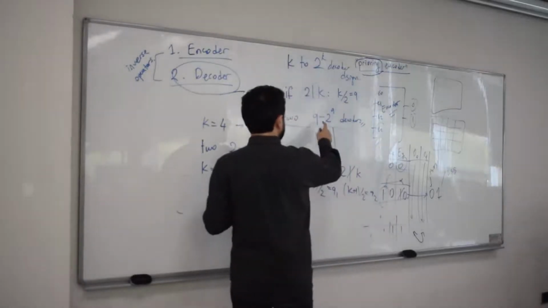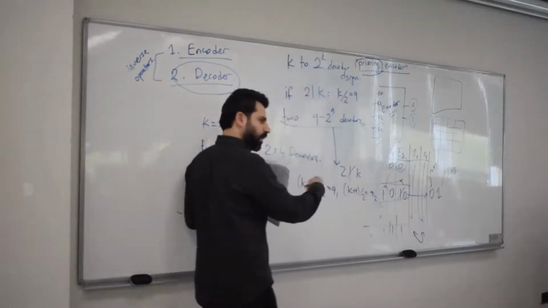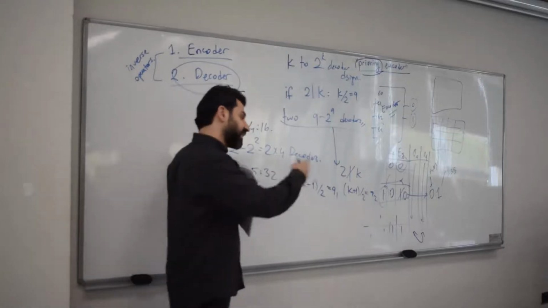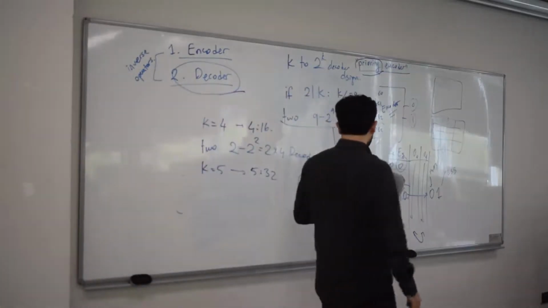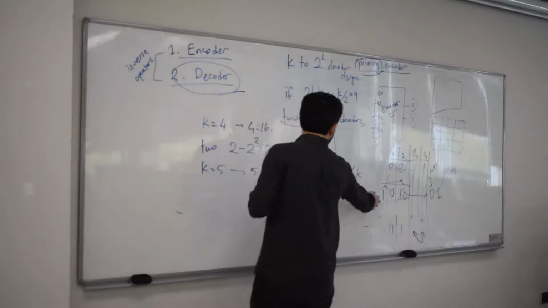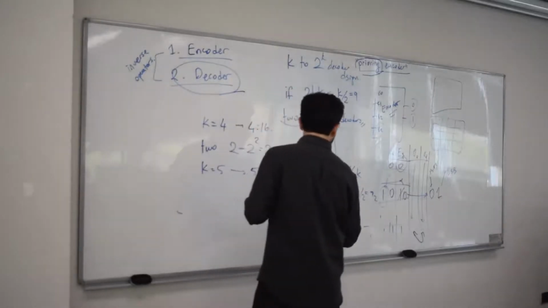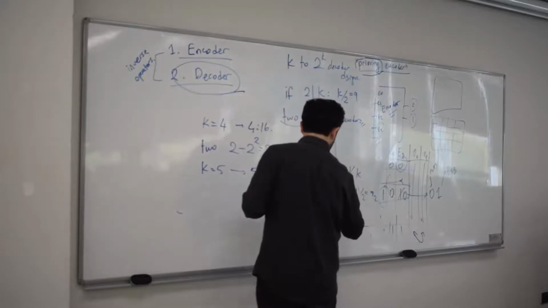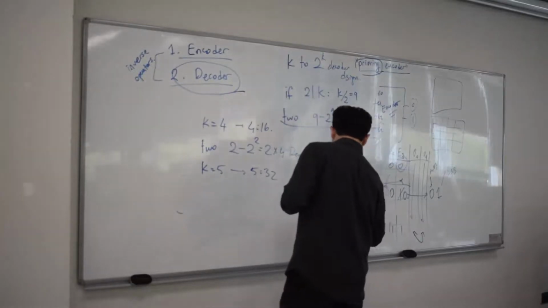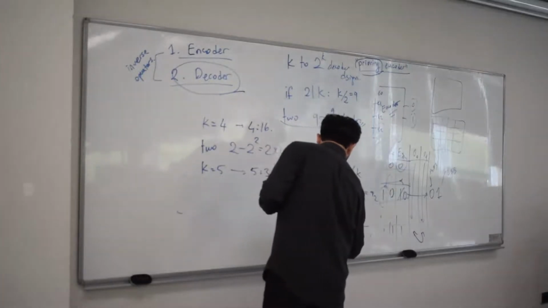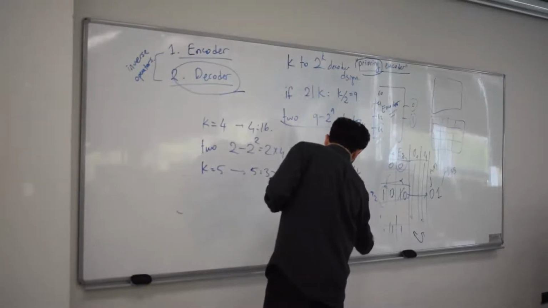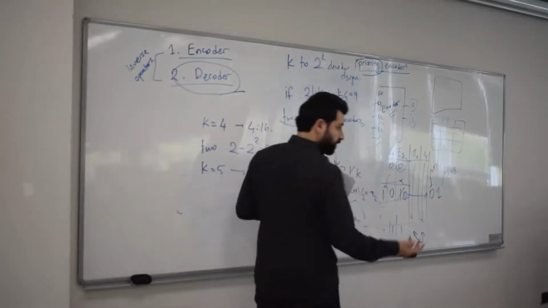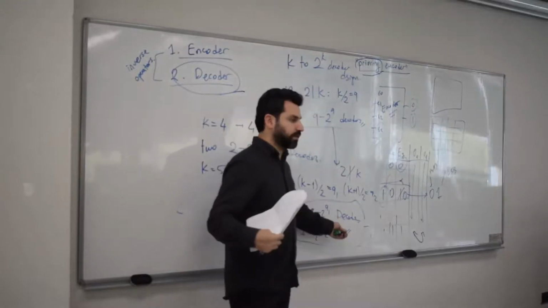If 2 cannot divide k, then k minus 1 and k plus 1, 2 will divide k minus 1 and k plus 1. Okay? So I'm going to call them q1 and q2. These are integers. So I'm going to use now 1 q1 to the q1 decoder, and 1 q2 to the q2 decoder. Okay? Again, I'll use 2 decoders, but the size of the decoders would be different.